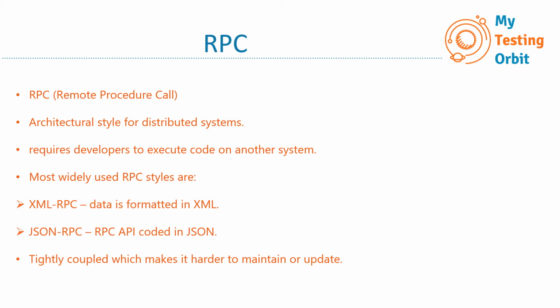For example, if any kind of change is required, then the developer needs to go through various RPC documentation to understand how one change can affect another. And this is why, and of course this is widely used only in distributed systems, there was a need for another kind, which is SOAP.